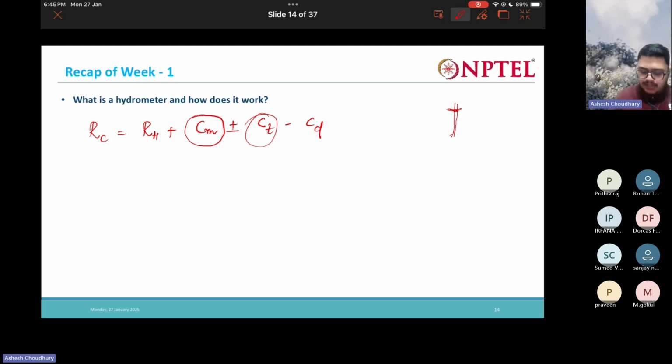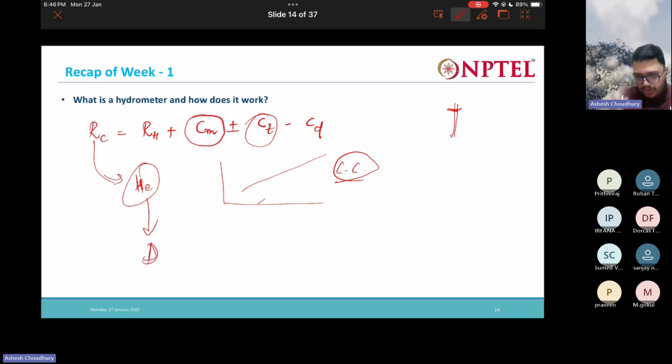So from RC, we find the effective depth HE, which is actually given in the form of a calibration chart. This calibration chart is given with the instrument from the manufacturer. With that you can relate, and from there we can find the HE, this effective depth. Then from the effective depth you can find out the diameter.